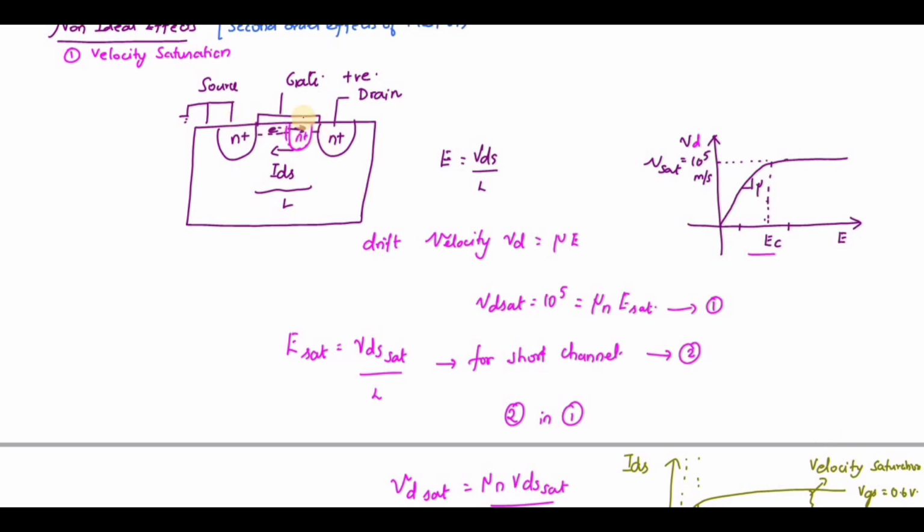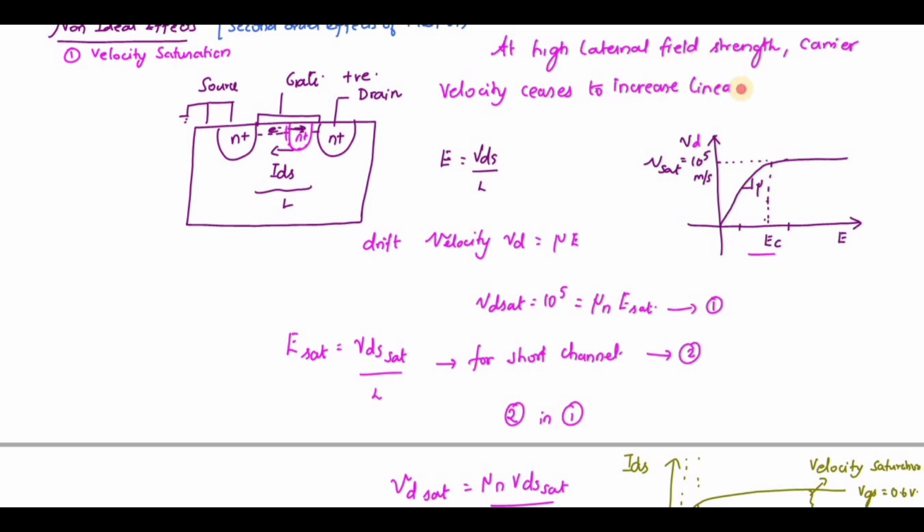Okay, so due to the high lateral field strength, the carrier velocity ceases, meaning it stops increasing linearly with field strength.